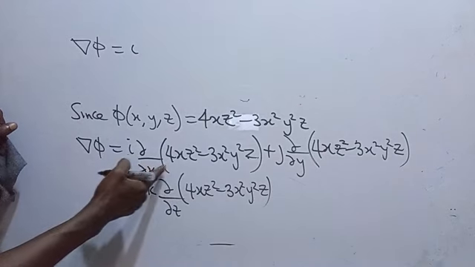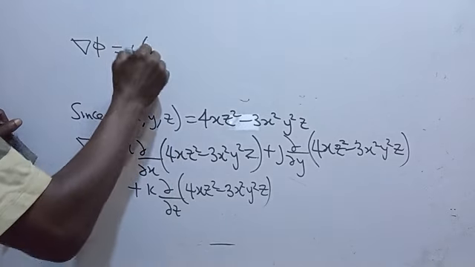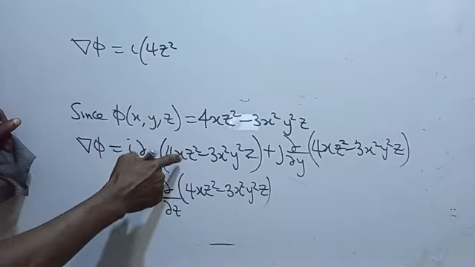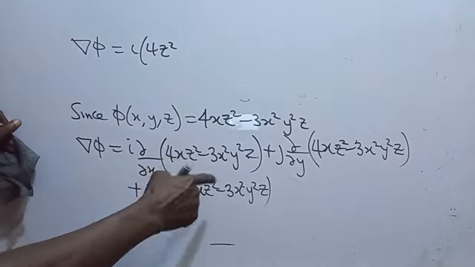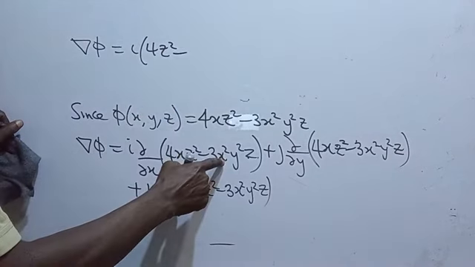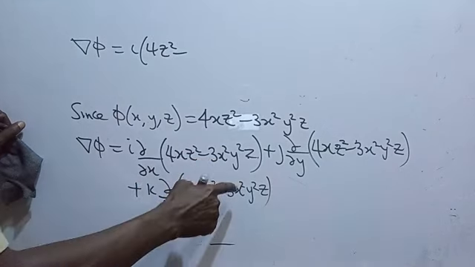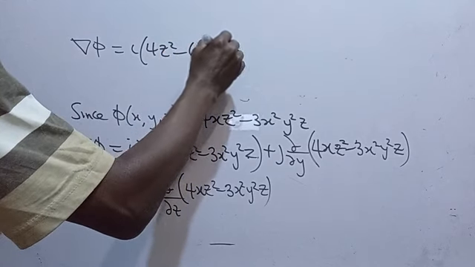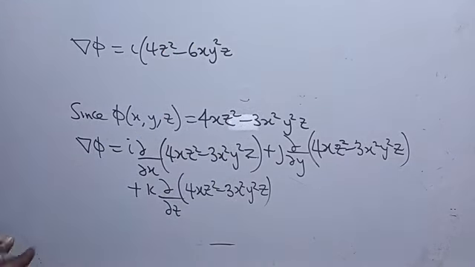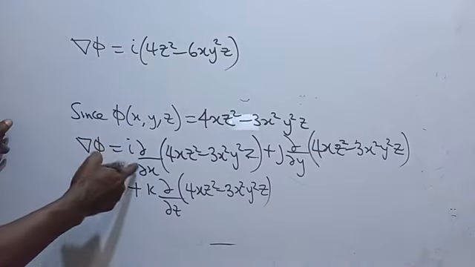Differentiating partially with respect to x here, this will be 4z squared, because when you differentiate x it is 1, and 1 times 4 times this is 4z squared. Minus, when you differentiate x squared here, this will be 2 multiplied by 3, which gives 6x, so 6xy squared z. Just multiply the others with that value. That is when you differentiate partially with respect to x.